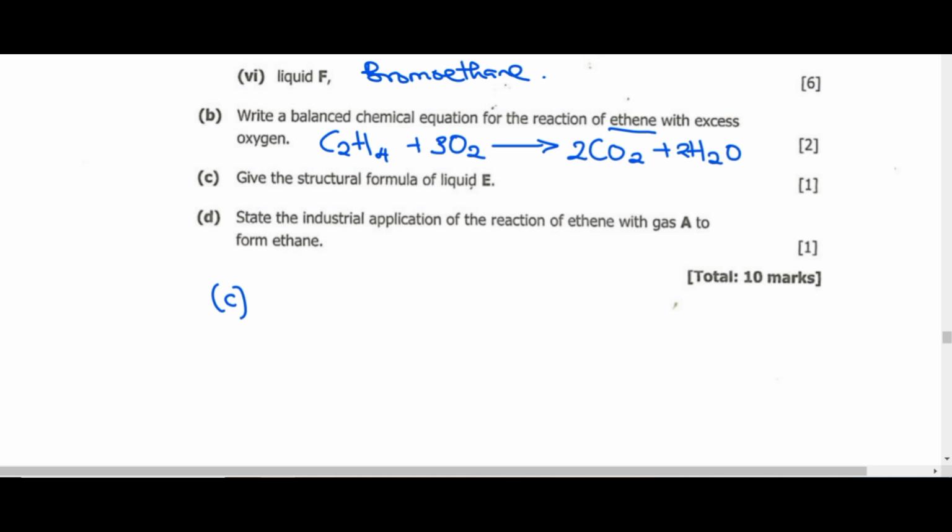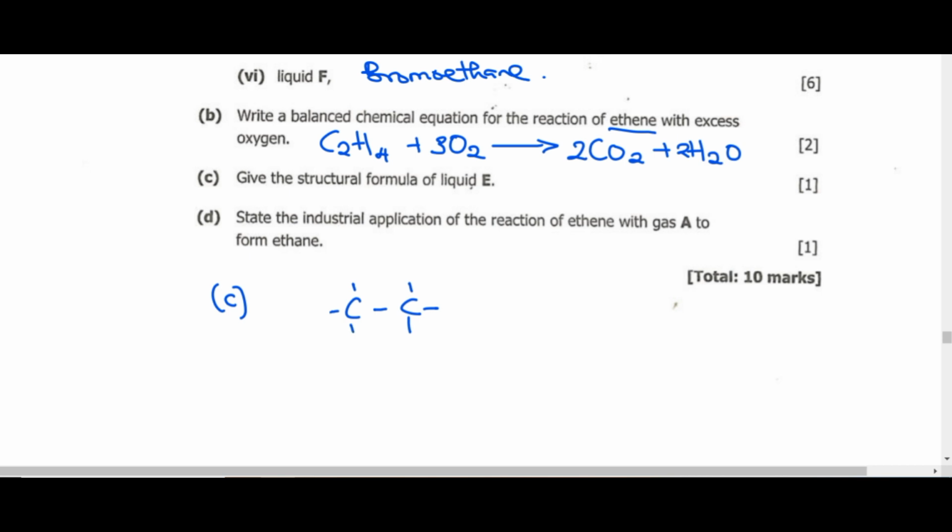So for ethanol, the composition is that we have 2 carbons, and then we have carbon also. Carbon is surrounded by 4 covalent bonds.